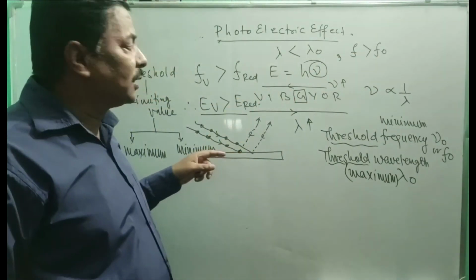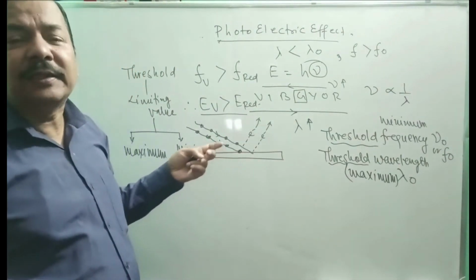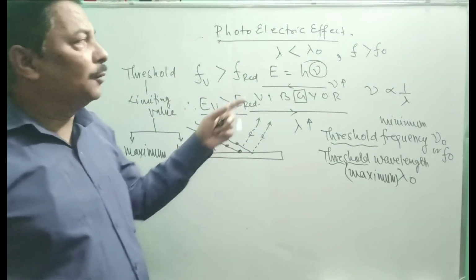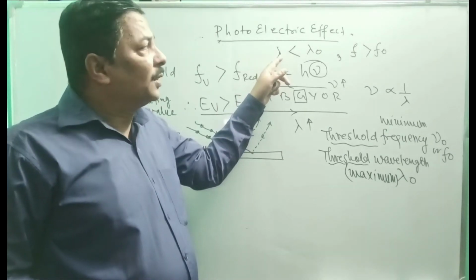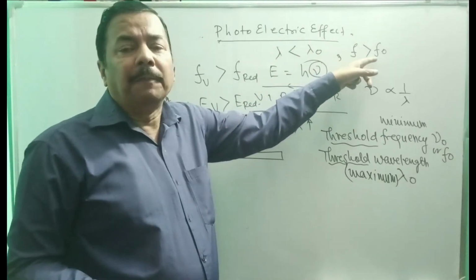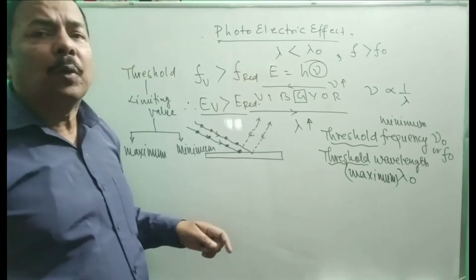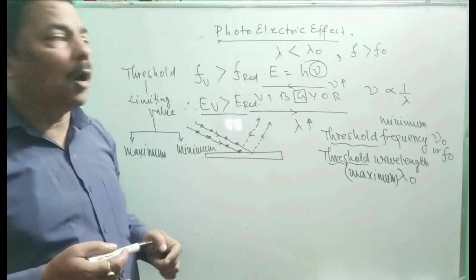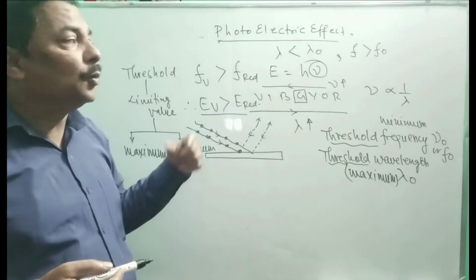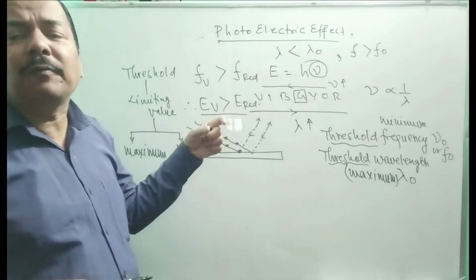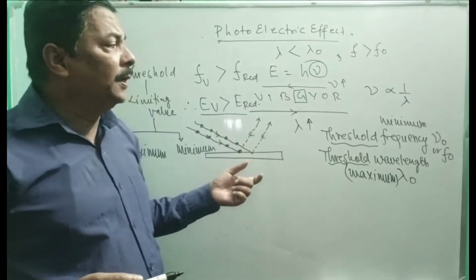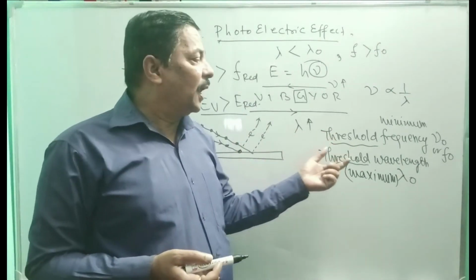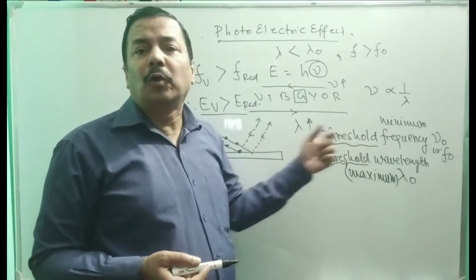This is the same thing said in two different ways. If we say wavelength maximum, that means frequency minimum. The meaning remains the same, only the way we say it is different. In one way we are saying threshold frequency, in another way we are saying threshold wavelength.